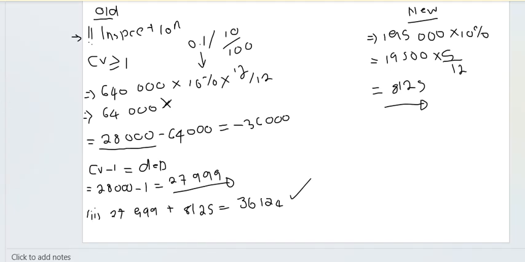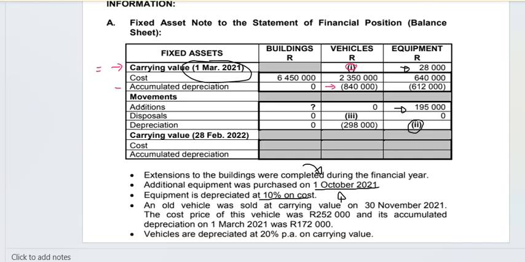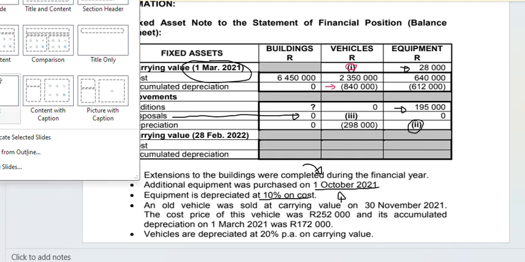Let us move forward. Now they say calculate the disposal at a carrying value. So a disposal at a carrying value is also simple. Let me just add another new slide here. So now we want a disposal at a carrying value.